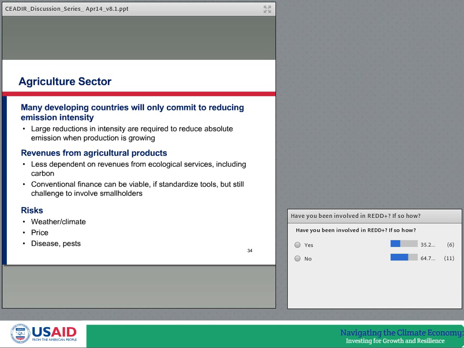They'll talk about reducing emissions intensity, and if we expect production to go up, then emissions intensity has to drop a lot before we get a reduction in absolute emissions. So we're going to have to find large reductions in emission intensity for agriculture. Now, on the plus side, we have those agricultural products that are valuable, so that gives us a potential for tapping into conventional private finance. We all know the risks from agriculture.